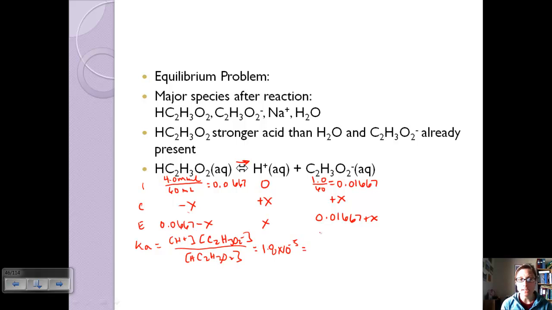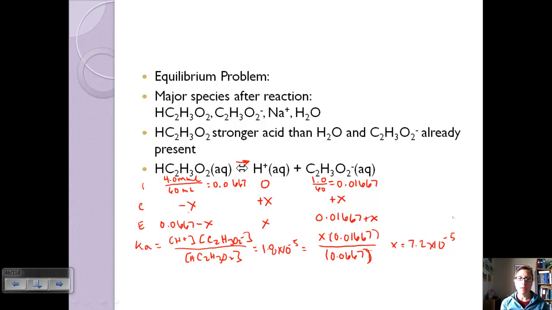Okay, so now we can plug in, so we get x. We have our 0.01667 plus x, but remember we're just going to approximate that to 0.01667. We're going to say that x is very small. And we're going to do the same thing with the bottom one. And so if we solve for x, we should get that x equals 7.2 times 10 to the negative fifth. So you could obviously pause and double check this.